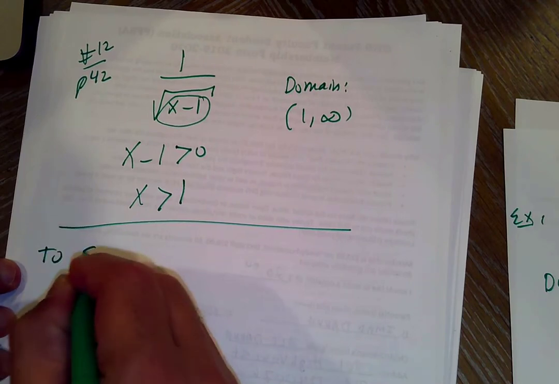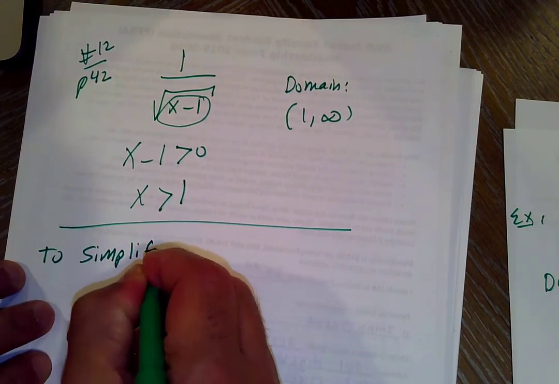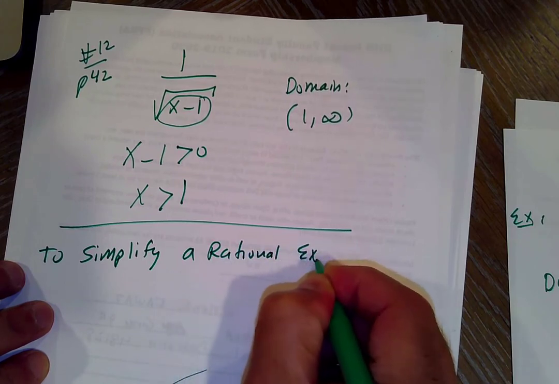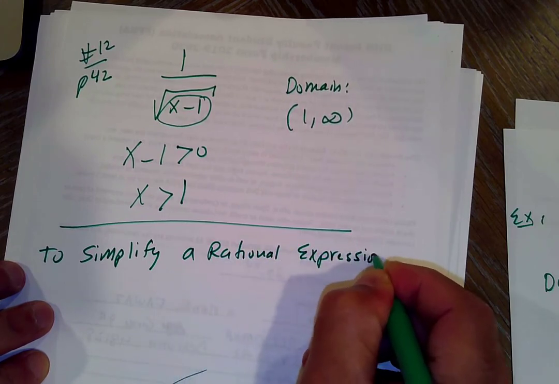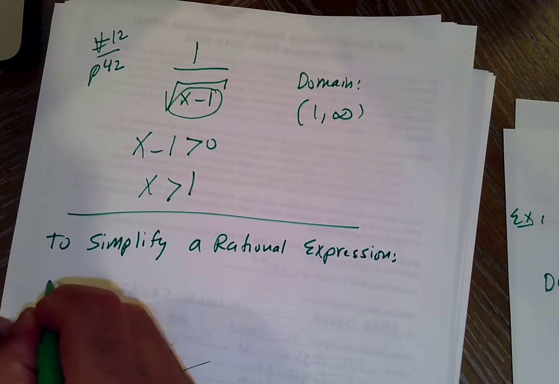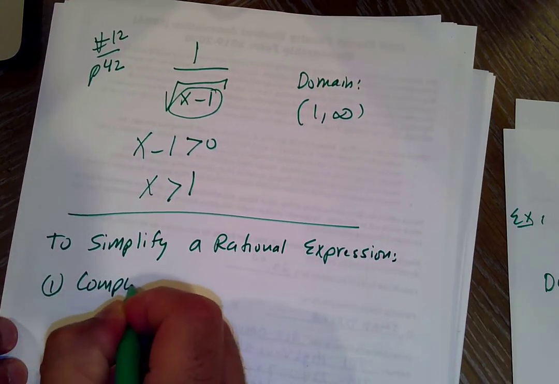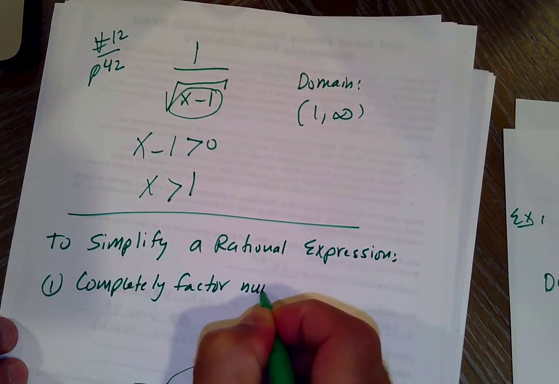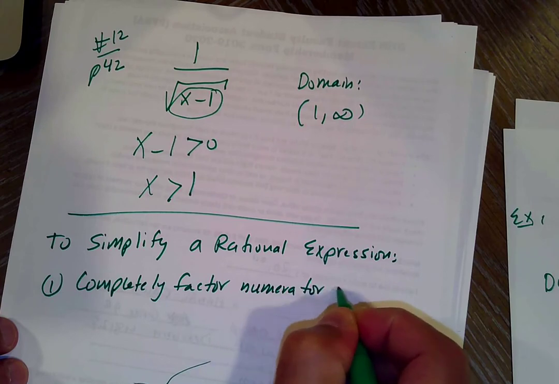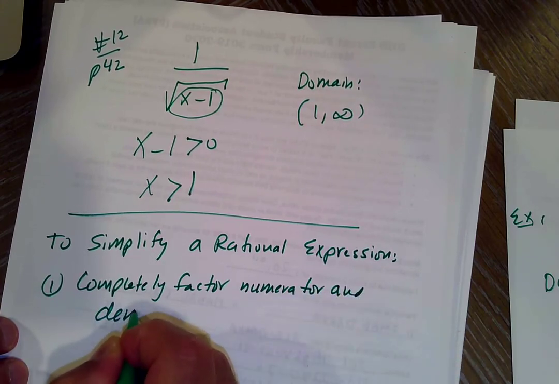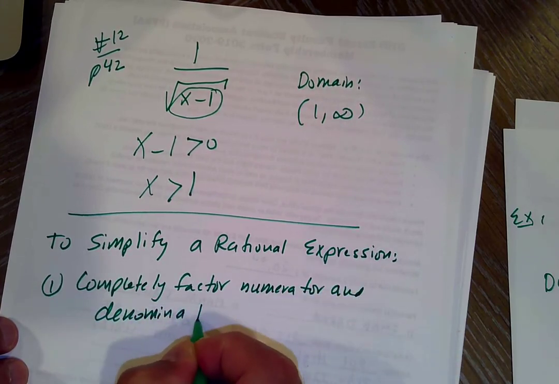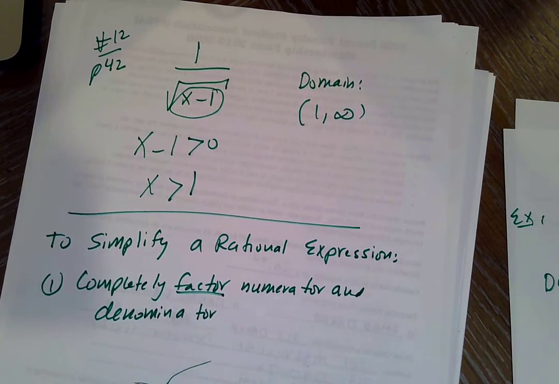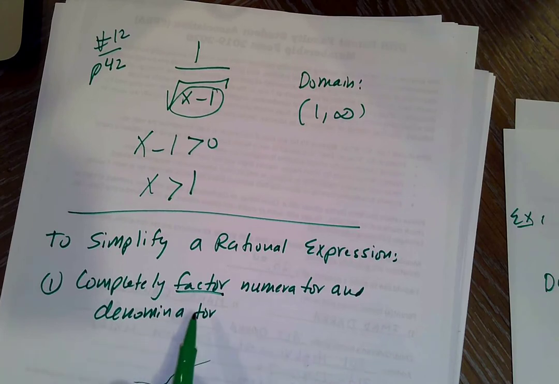So to simplify a rational expression, the first thing you want to do is completely factor the numerator and denominator of that fraction, and that's why factoring techniques that we learned in Math 1100 and 1150 are extremely important.